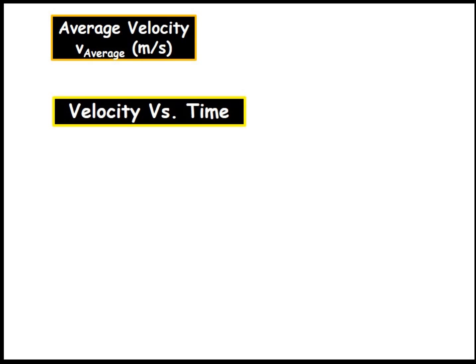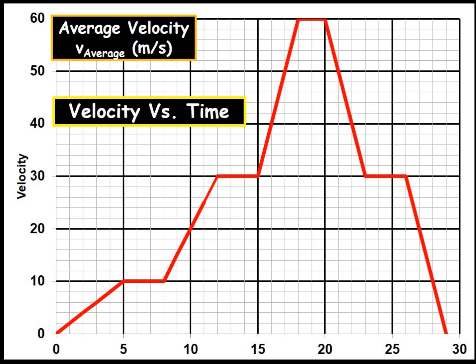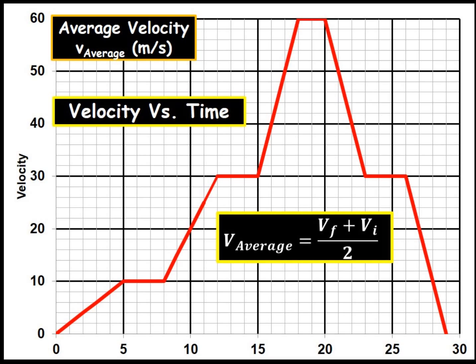Average velocity of a line segment or any segment in the graph would be either the total distance divided by the total time, or in this case, when we look at individual segments, it's going to be the initial velocity plus the final velocity divided by 2. There it is right there.